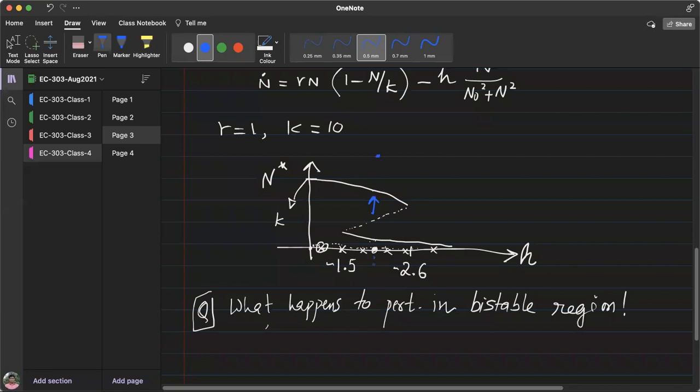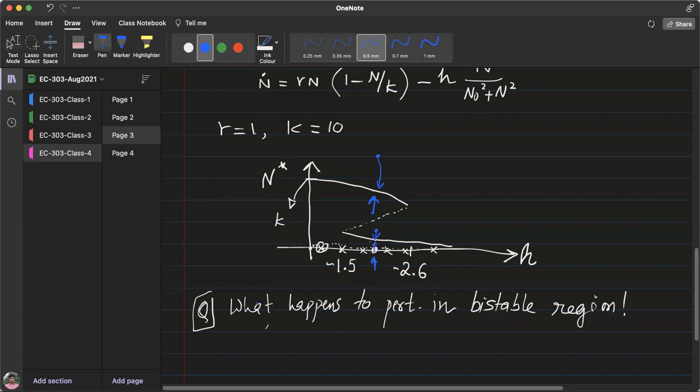So we have chosen a value of h here, by the way. The value of h is here, but the initial value of the population is here, so we'll come to the upper branch. But what if the perturbation was somewhere here? We will come to the lower branch, right? If you are here, you will come to the lower branch, so a small perturbation.